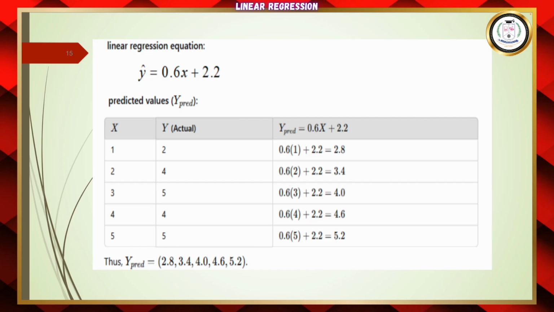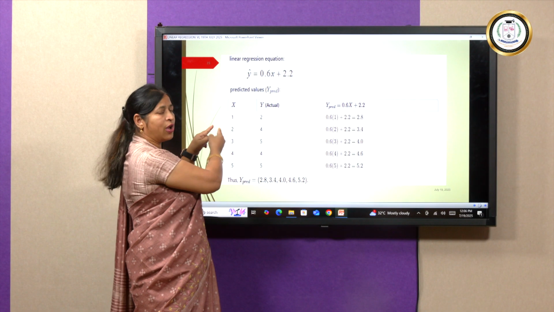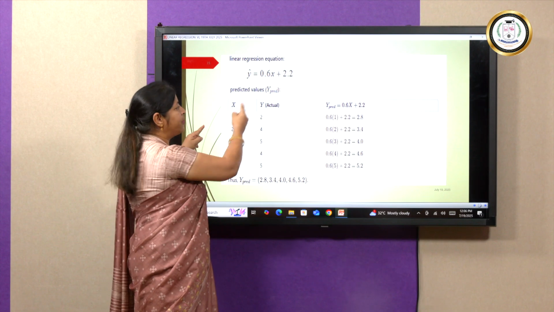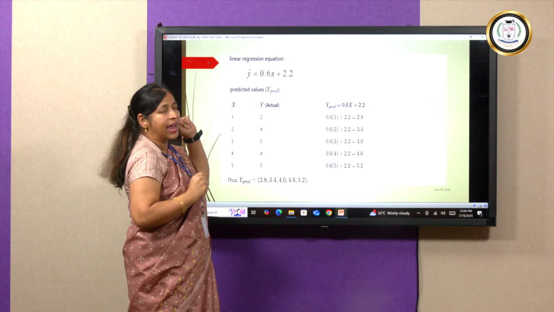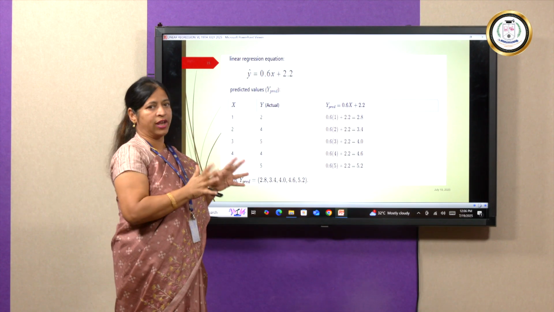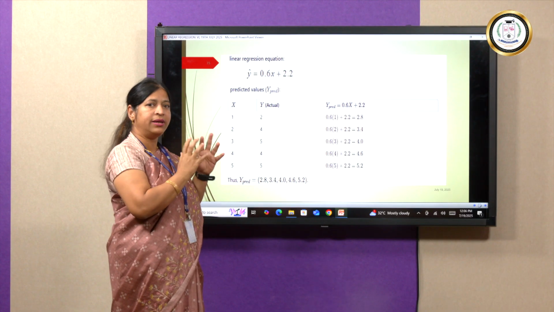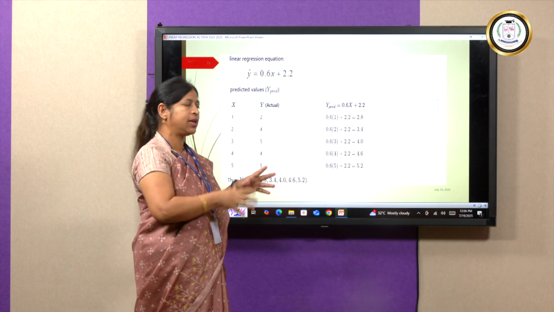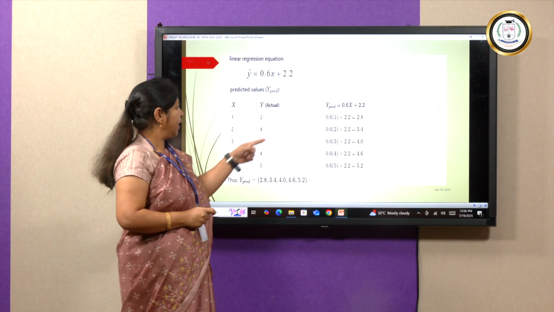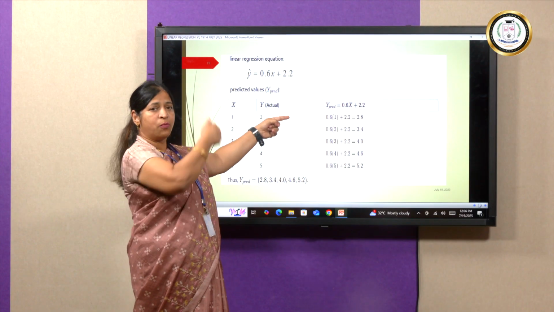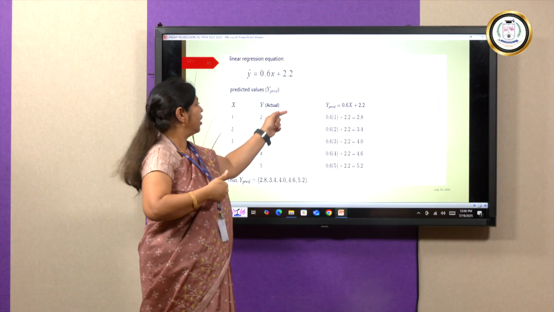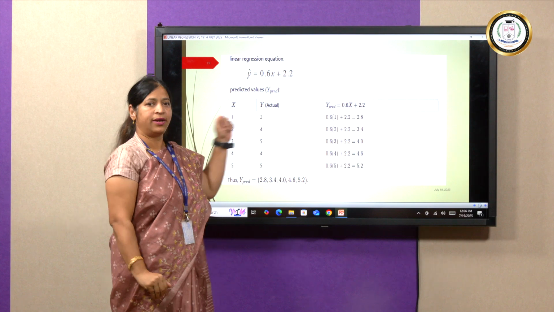As per this table, you have the x value, the y actual value, and the y predicted value. The actual value is the y value available in the data set, which we call y actual. And y predicted is what we get as per the model we calculated.